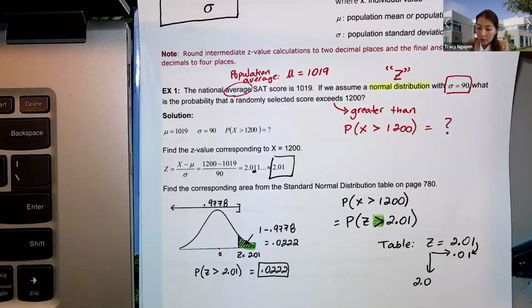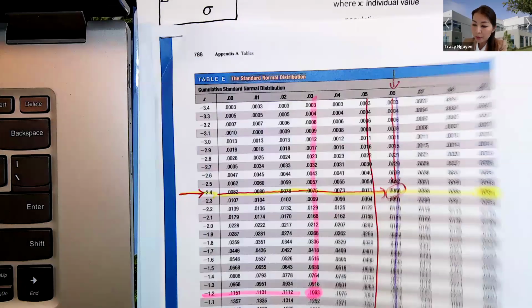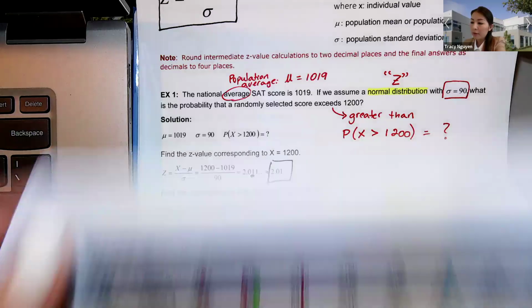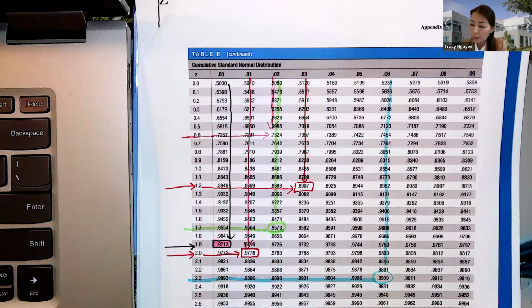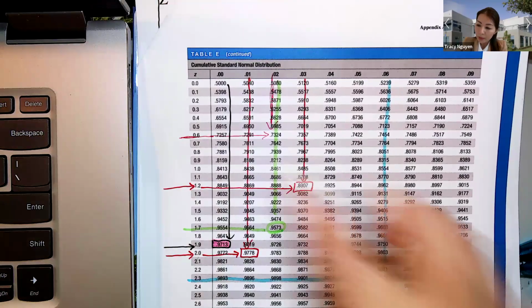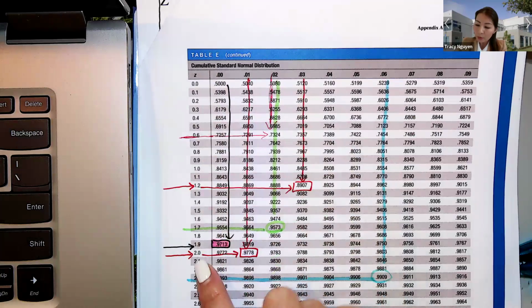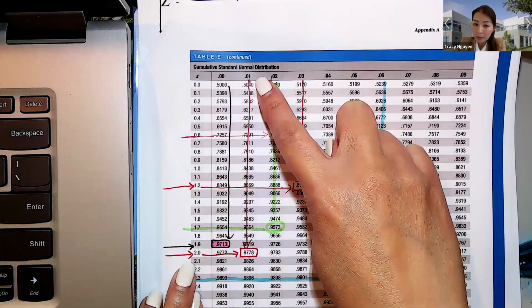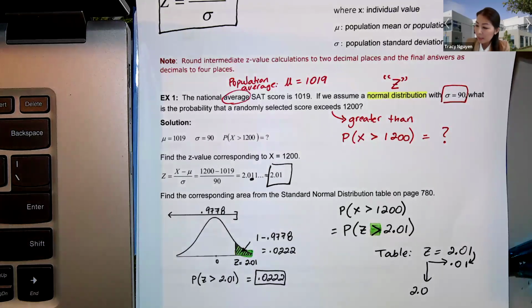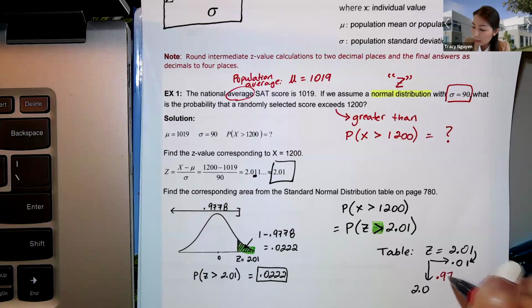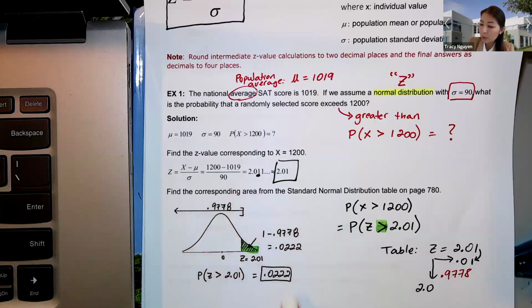So first of all, z is positive, so we turn to the page for positive z values. We're going to locate 2.01. We go down to 2.0 and move over by 0.01, which is this one here. So we map it down, we get 0.9778.